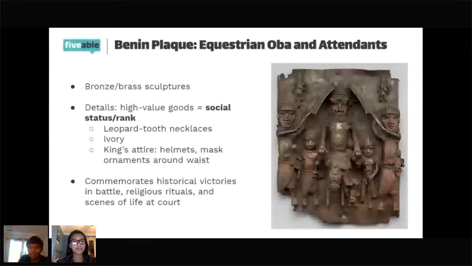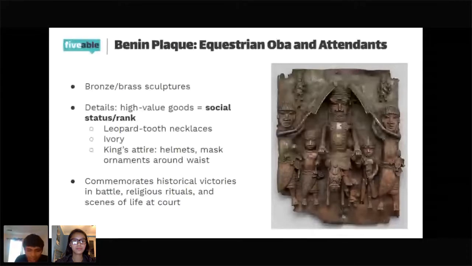Because if you look at these guys, you can imagine life in the kingdom, either as a king or as an attendant or as a local tribesman in Benin. And what it ultimately does, not only in this one and not only in these two, is commemorate historical victories.